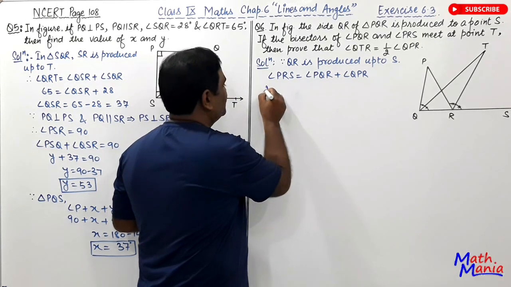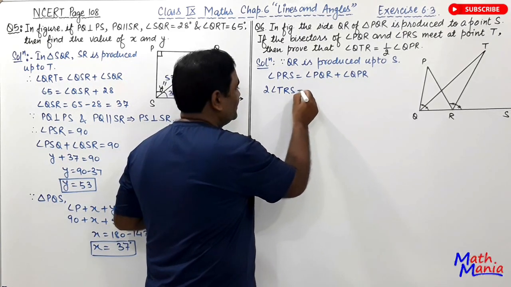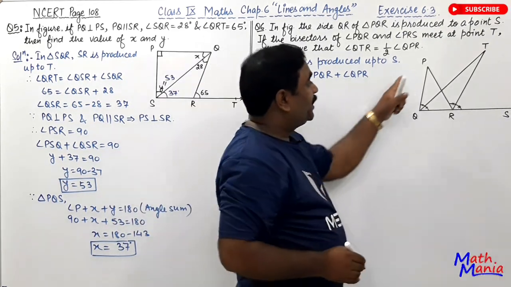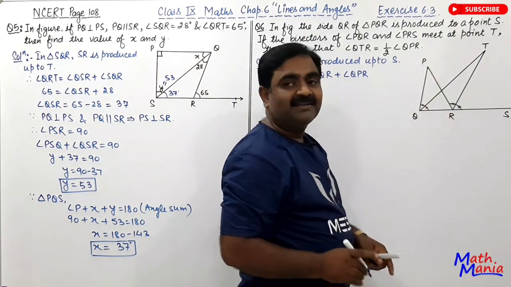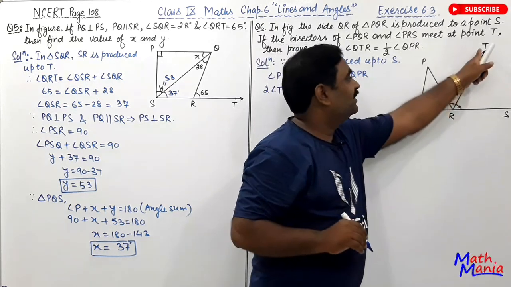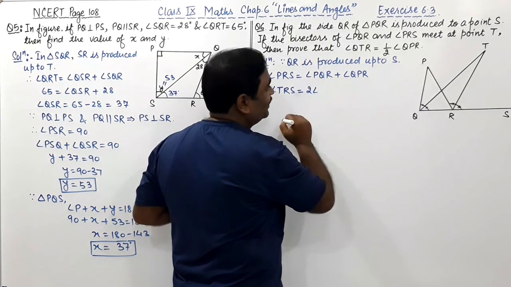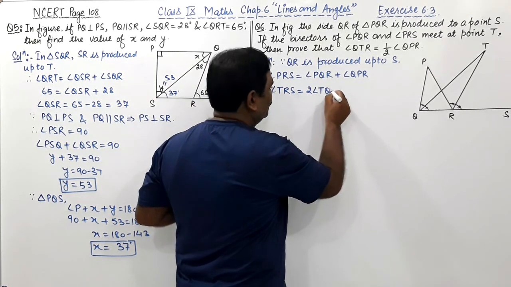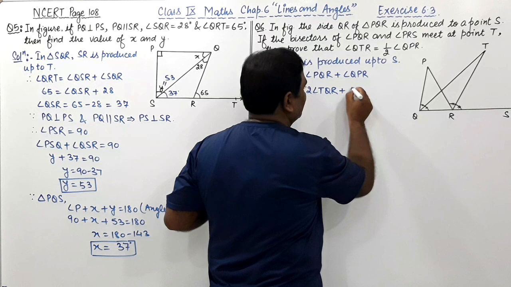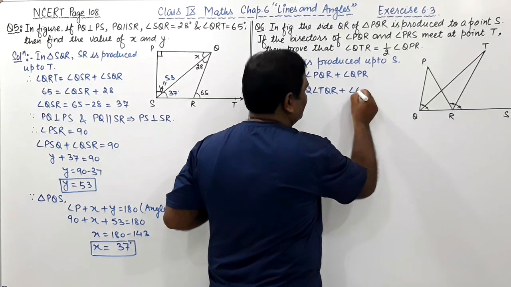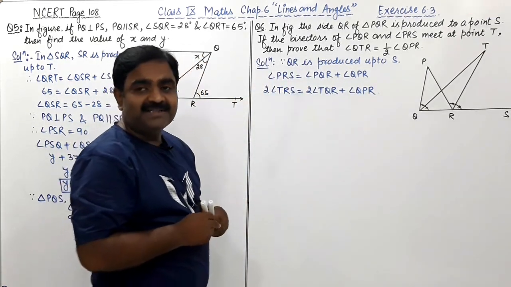So this angle can be written as 2 times angle TRS equals to PQR plus angle QPR. This PQR can also be written as 2 times angle TQR, plus angle QPR, you just leave it the same. Right friends, any confusion in this?